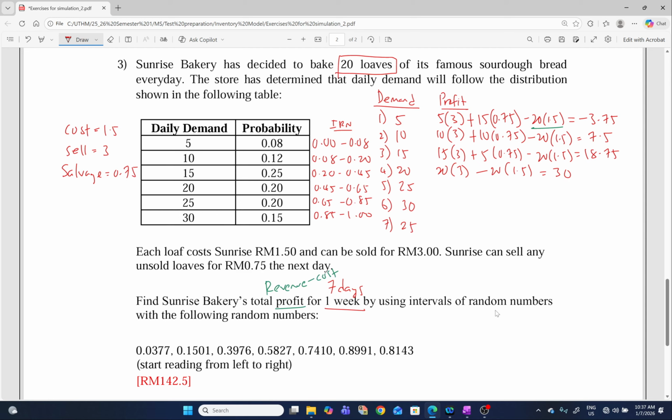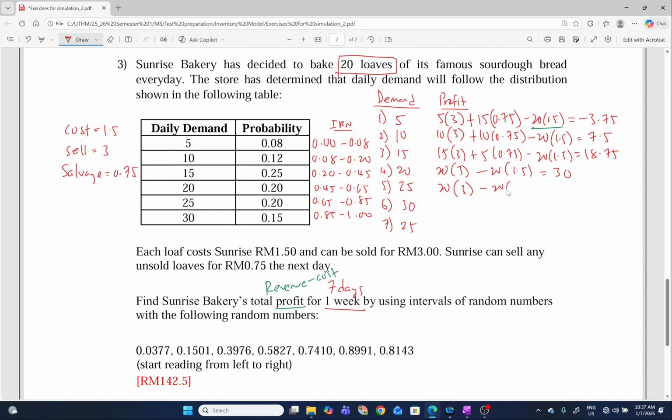You get this one. Now, for 25 here, even though they ask for 25, tapi yang kita dapat jual adalah 20 sahaja. Walaupun permintaan adalah 25, sebab kita buat 20 roti saja. So yang itu saja dah kita boleh jual maksimum.